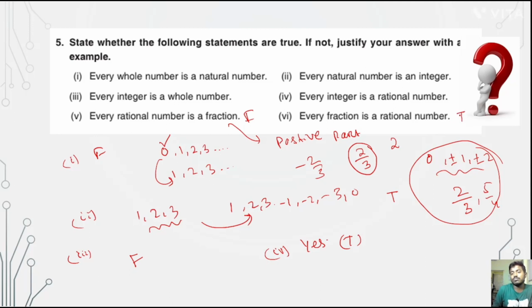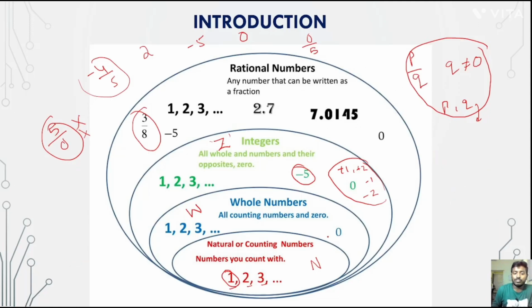This is true. Clear? Also remember all natural numbers are whole numbers, all whole numbers are integers, and all integers are rational numbers. If we reverse it, it becomes false; that is, all rational numbers are integers, no.